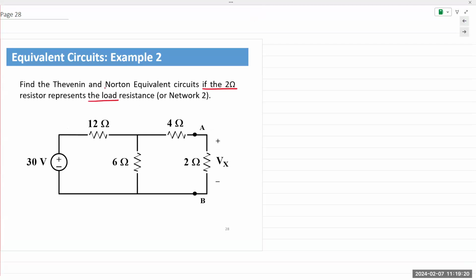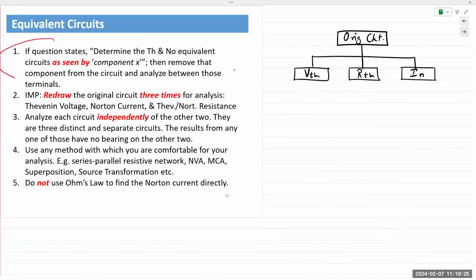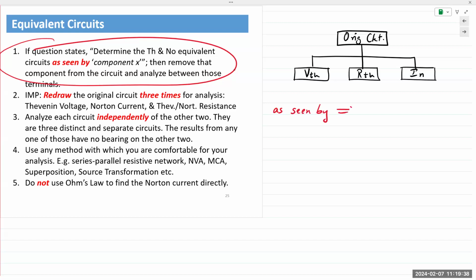And so at this point, I will take you back to that summary slide, to that first point right there. If the problem statement has this phrase, "as seen by a particular component," or says "represents the load," or "represents the second circuit" or the follow-on circuit, they all mean exactly the same thing.